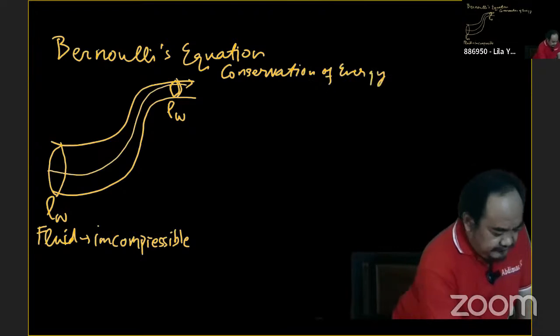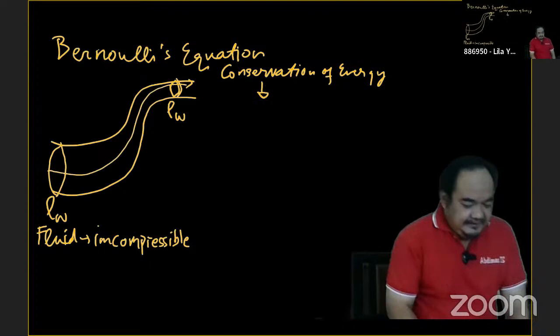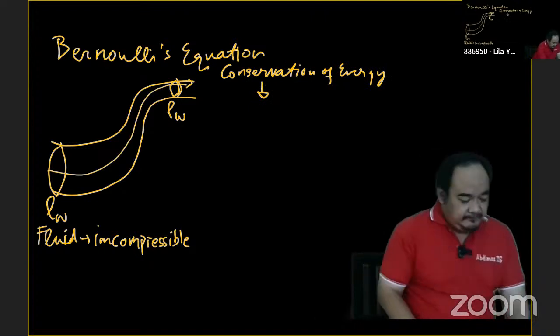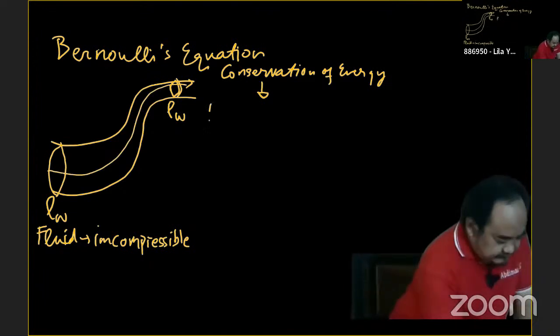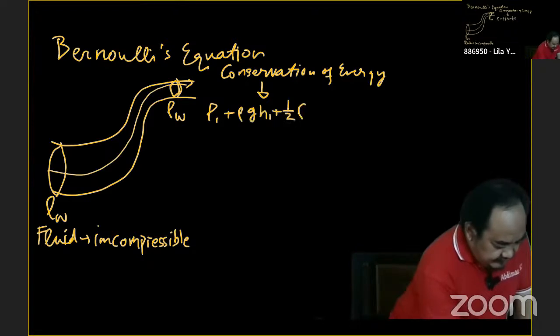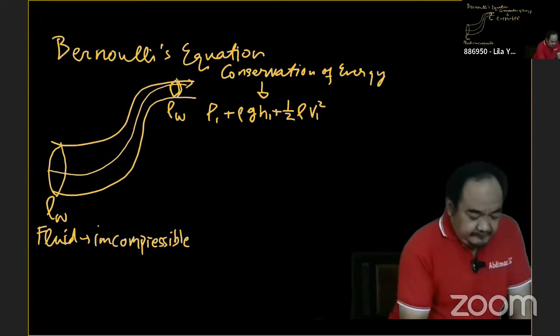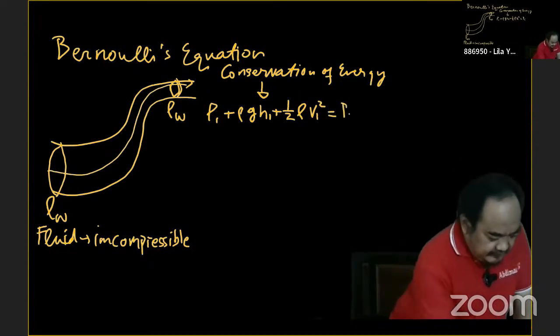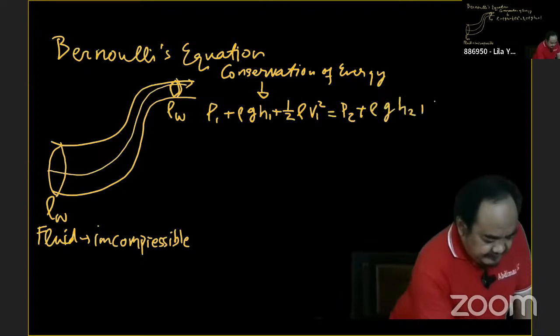you will find Bernoulli's equation in the form of P1 plus rho g h1 plus half rho v1 squared equals P2 plus rho g h2 plus half rho v2 squared.